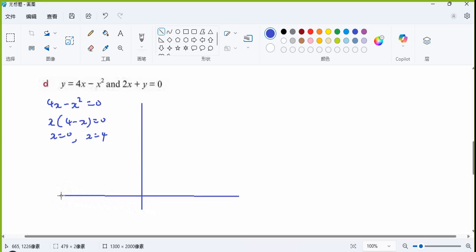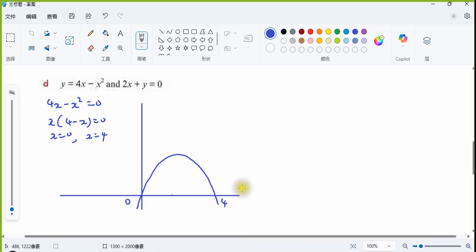So the graph will cross at 0 and 4. It's like this. This is 0 and 4, x and y. So this equation is y equal to 4x minus x squared.